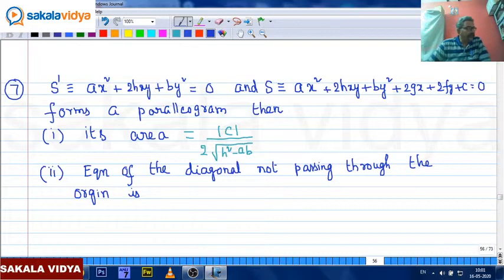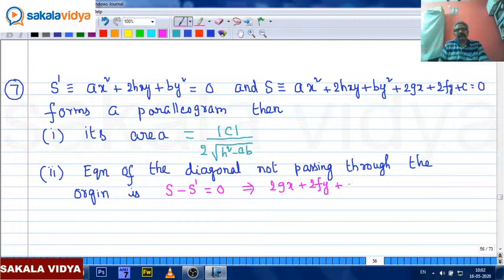For example, if it represents a parallelogram, the equation of the diagonal not passing through the origin. So wonderful, that is absolutely correct. That is s minus s dash is equal to 0. Subtract s dash from s: ax square cancels, 2hxy cancels, by square cancels. That implies 2gx plus 2fy plus c equals to 0. So this is absolutely correct, Nivedita.